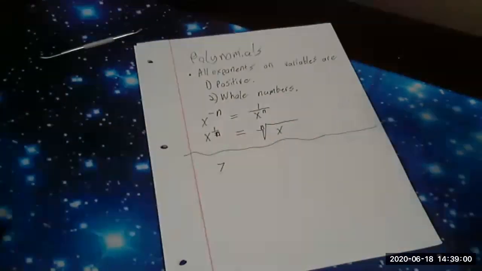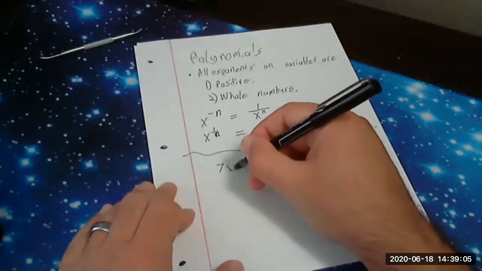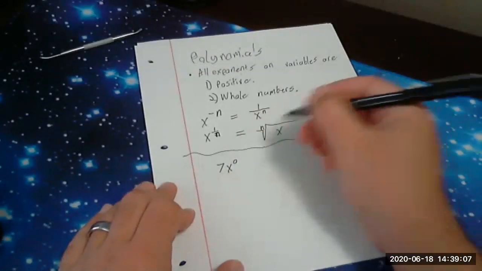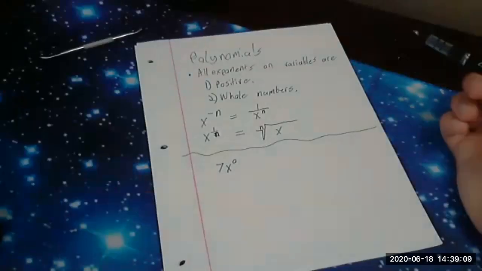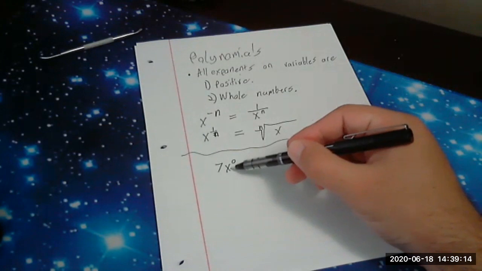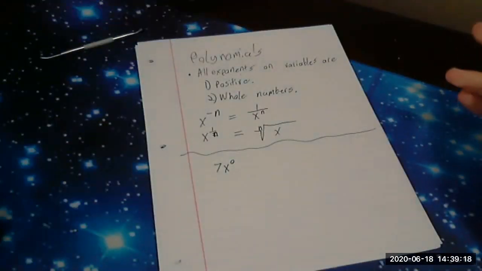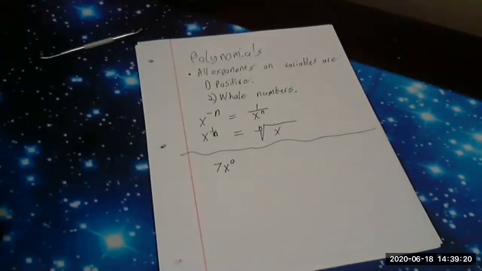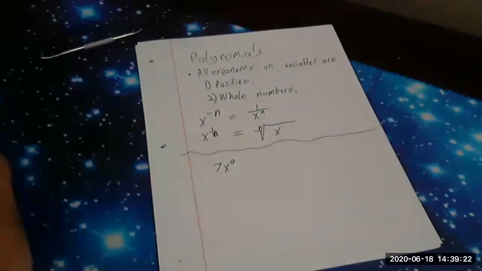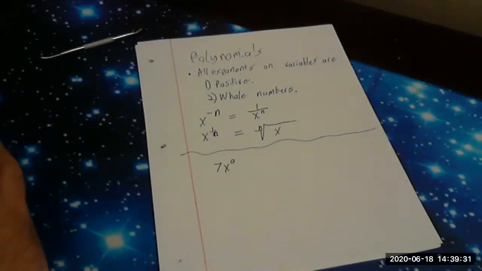Another way of thinking about this is something like this. What is x to the 0th power? Can anybody tell me that? Should be 1. It's 1. Yes. Exactly right.